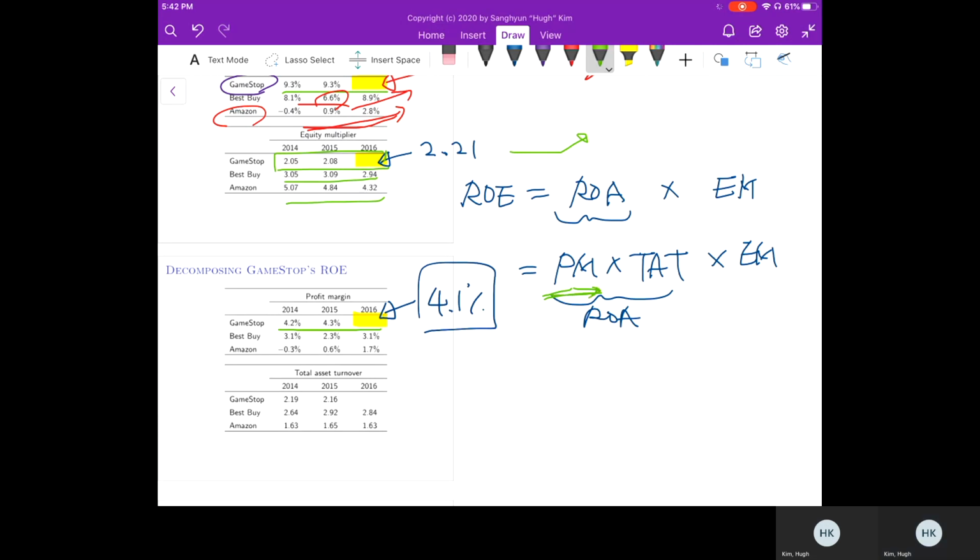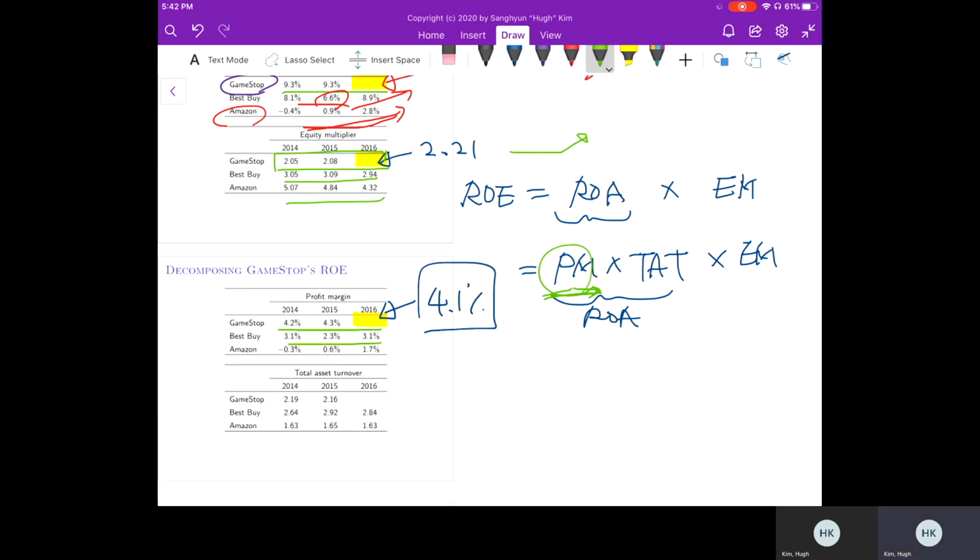Okay. So profitability doesn't seem to be an issue for GameStop at that point. And actually, GameStop was highly profitable if you compare its profit margin to Best Buy's and Amazon's. Best Buy's profit margin was 3.1, 2.3, and 3.1.